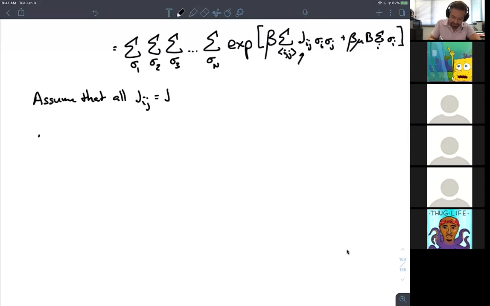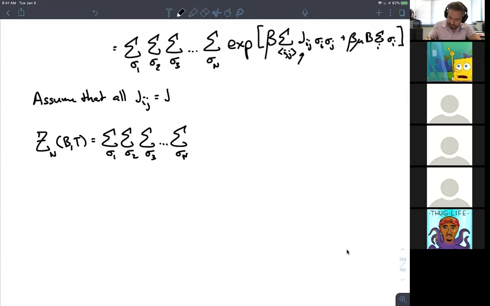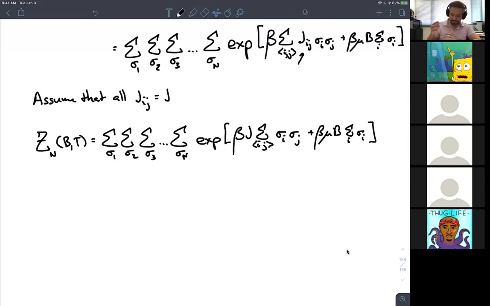So our partition function is again a function of B and T: the sum over sigma 1, sigma 2, sigma 3, up to sigma n, of the exponential of beta J sum over ij nearest neighbors sigma_i sigma_j plus beta mu B sum over all i. All right, there it is. And so that is the partition function.